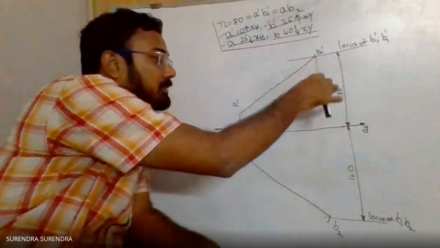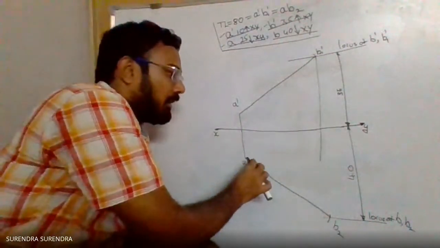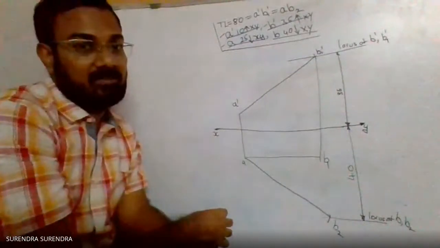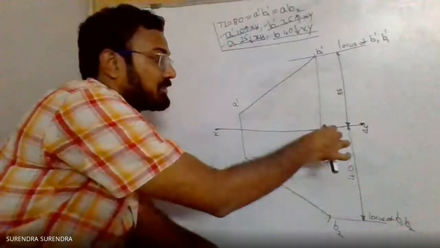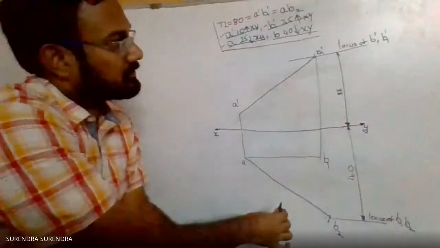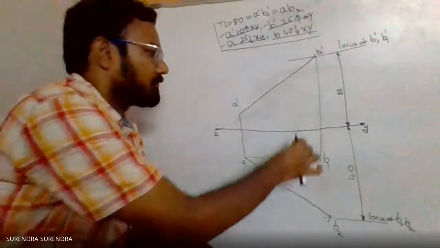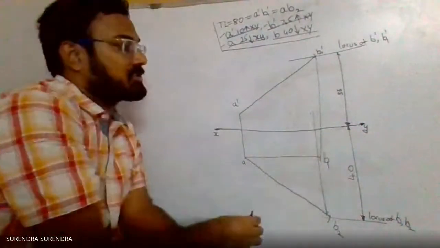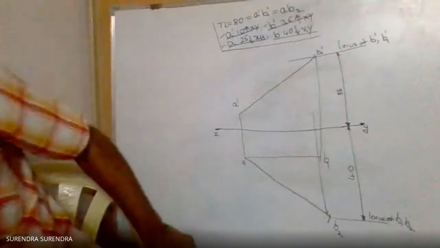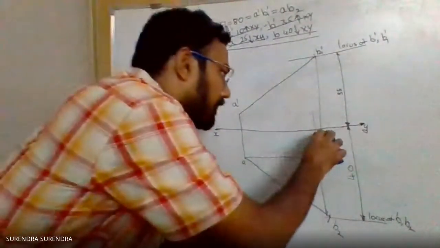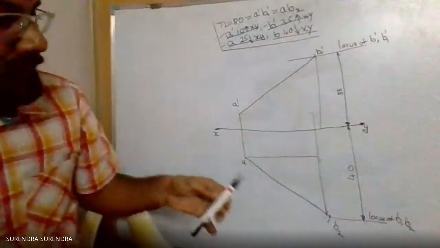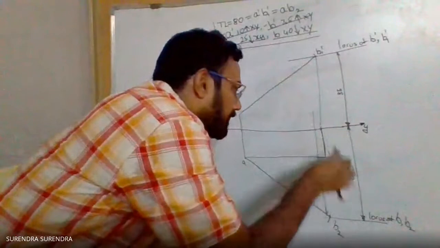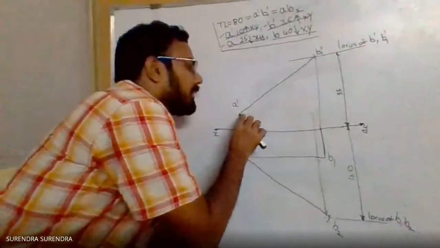From B1 dash, draw the projection to the horizontal line from A. The intersection point is B1. Similarly, projection from B2, the horizontal from A dash.